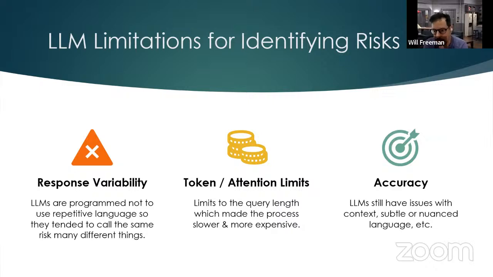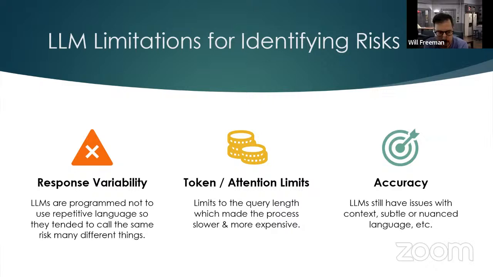I don't know if anyone's worked with LLMs, but this happens all the time in my experience. Even if you say, hey, give me back the risk in two words, with a comma, it will give you back whatever it wants, even if you change the hyperparameters to ask it to be least creative and least random.